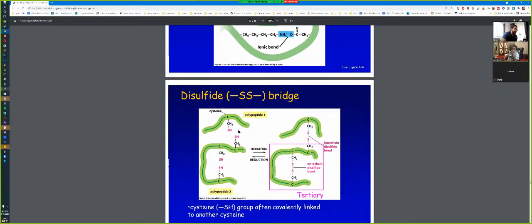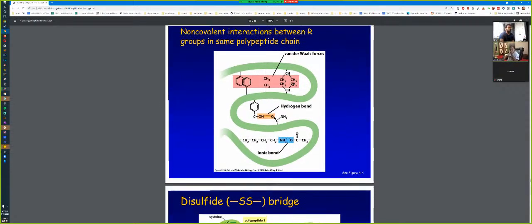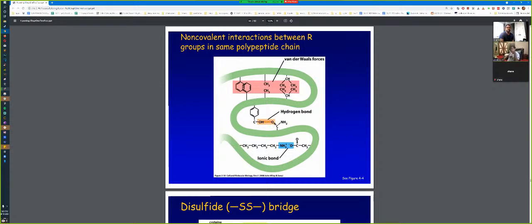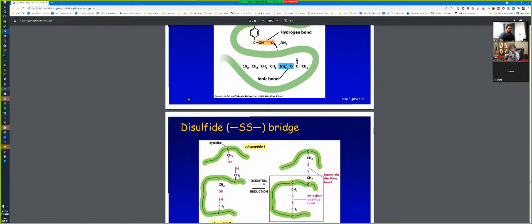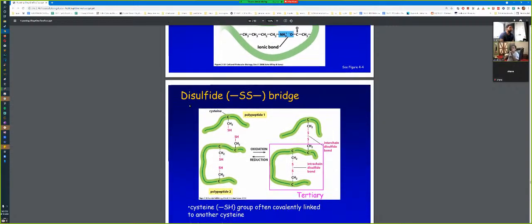Now, this is an important one. Disulfide bridges. Everything that we talked about before was non-covalent, but a covalent bond may form, called a disulfide bridge.